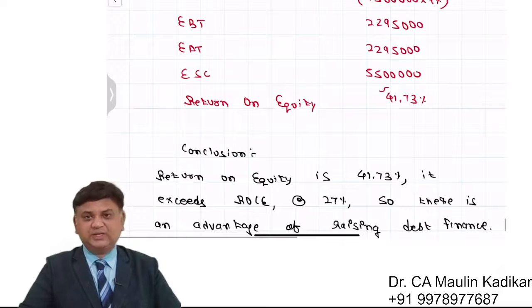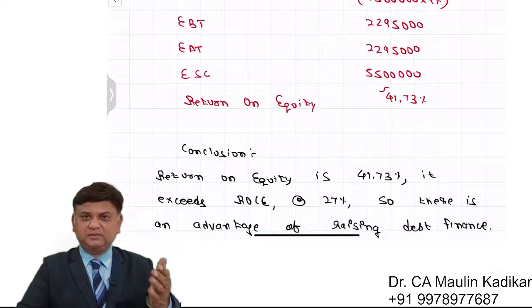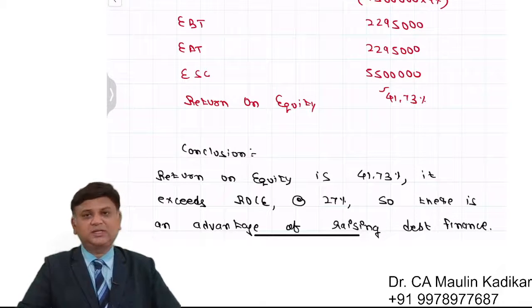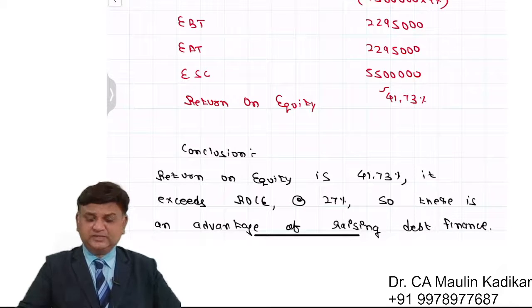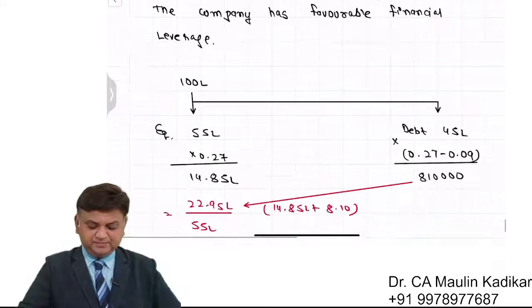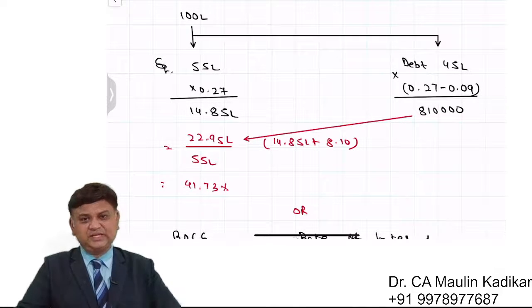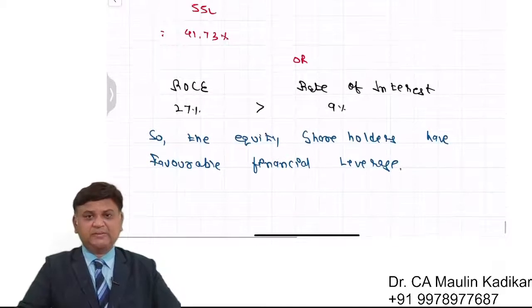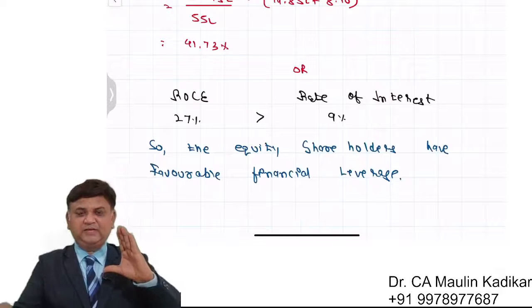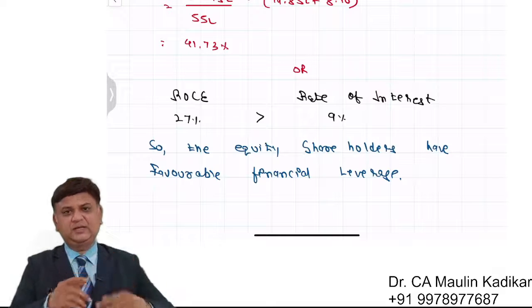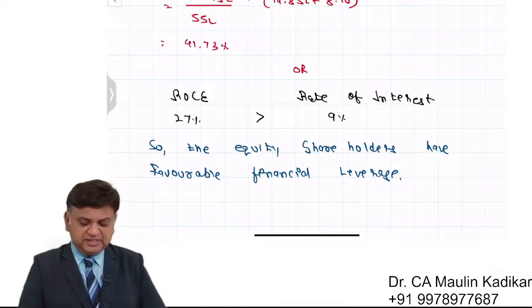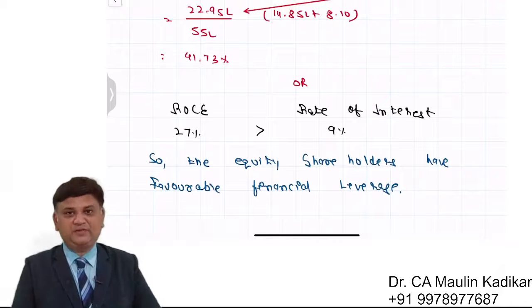Because the return on equity is 41.73%. It exceeds the return on capital employed, 27%. Or otherwise we can say that the return on capital employed is 27 while the rate of interest is only 9. That is the reason raising the debt financing is working favorably for the company.